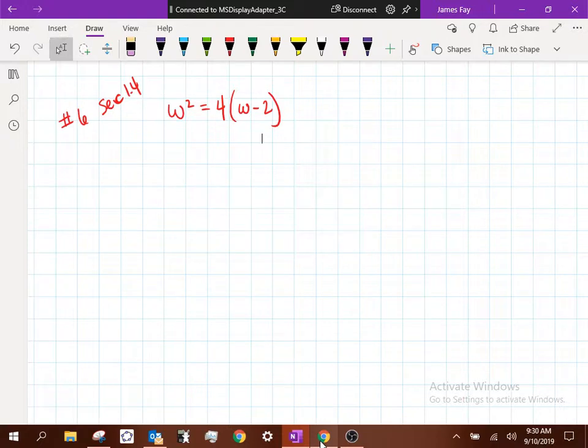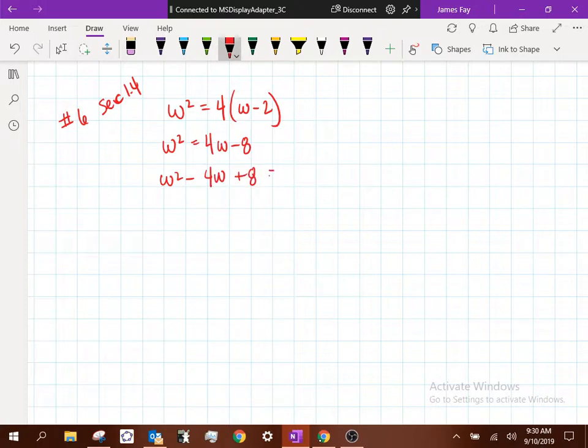Control C. All right, so if we're going to do this one, then we've got to distribute the 4 through, right? So we get W squared equals 4W minus 8. And then W squared minus 4W plus 8 will give me 0, right? Now we're looking at 2 numbers that multiply together to give me 8 and add to give me negative 4.